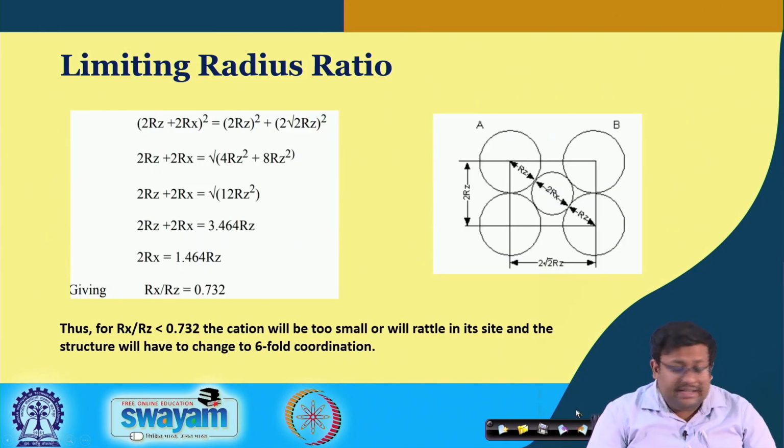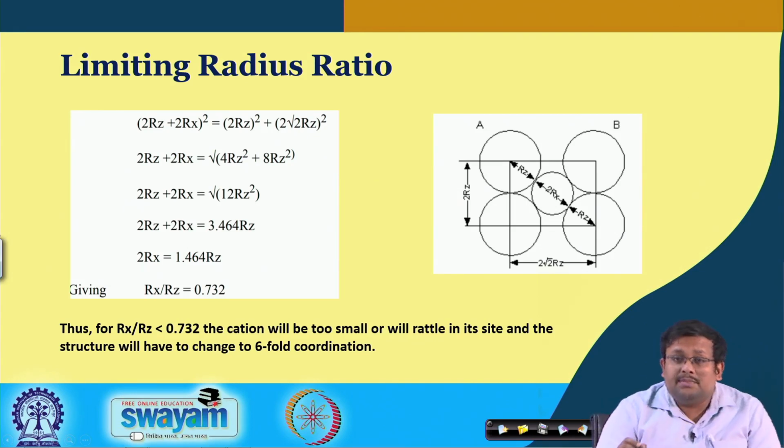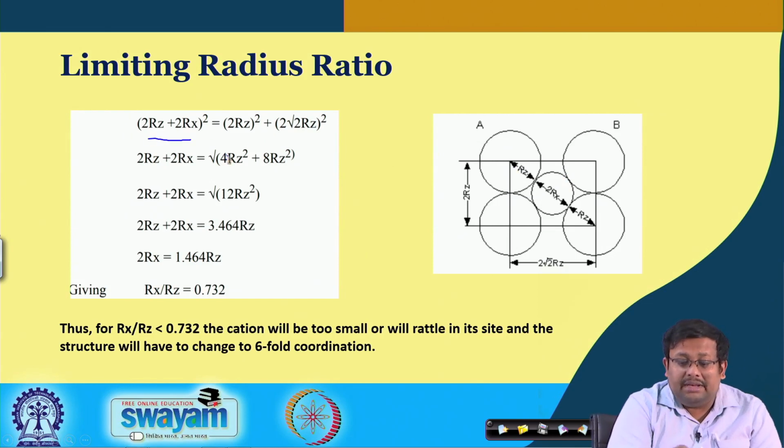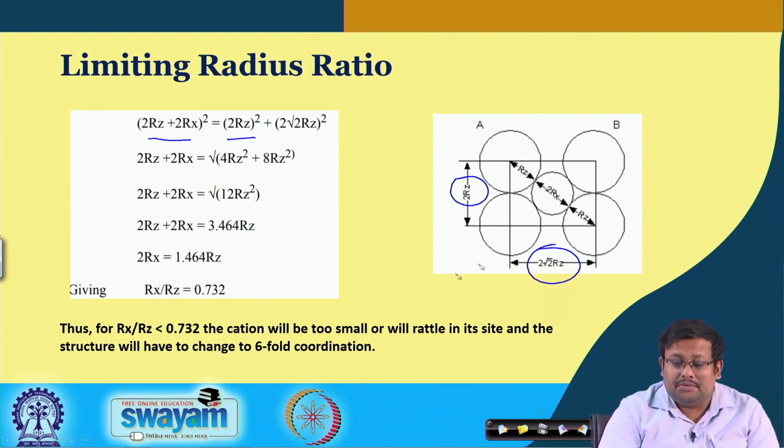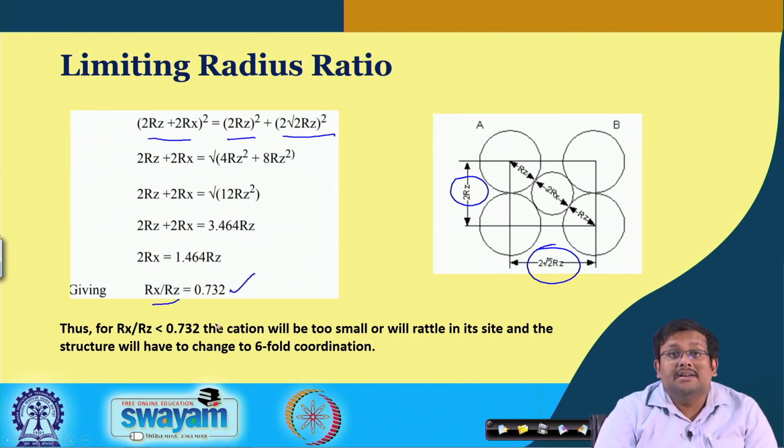So, this limiting radius ratio can be calculated using the Pythagorean theorem, where 2 Rx plus 2 Rz is the total distance, and the squared terms are a combination of the 2 Rz square and this distance, that is 2 root 2 Rz square, and from there we get an Rx by Rz value of 0.732.